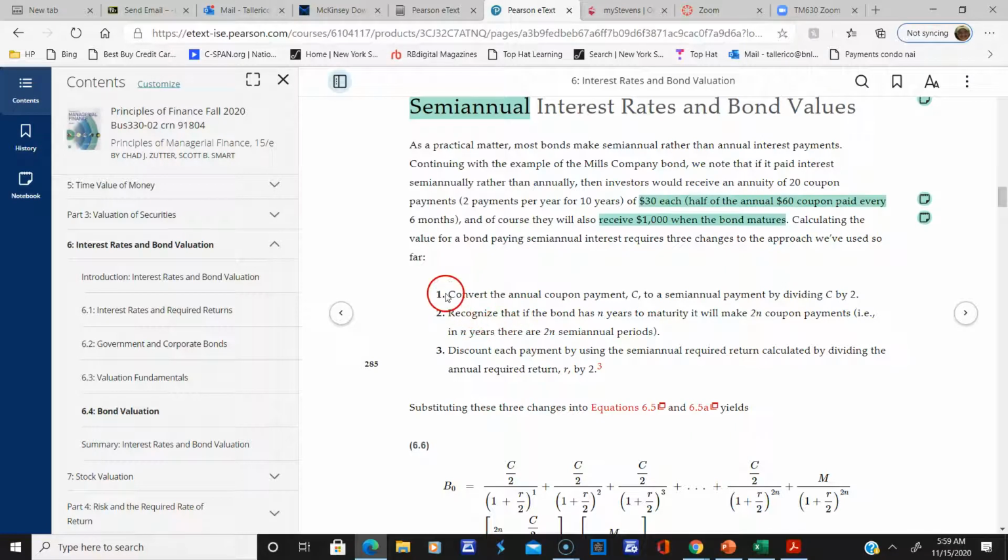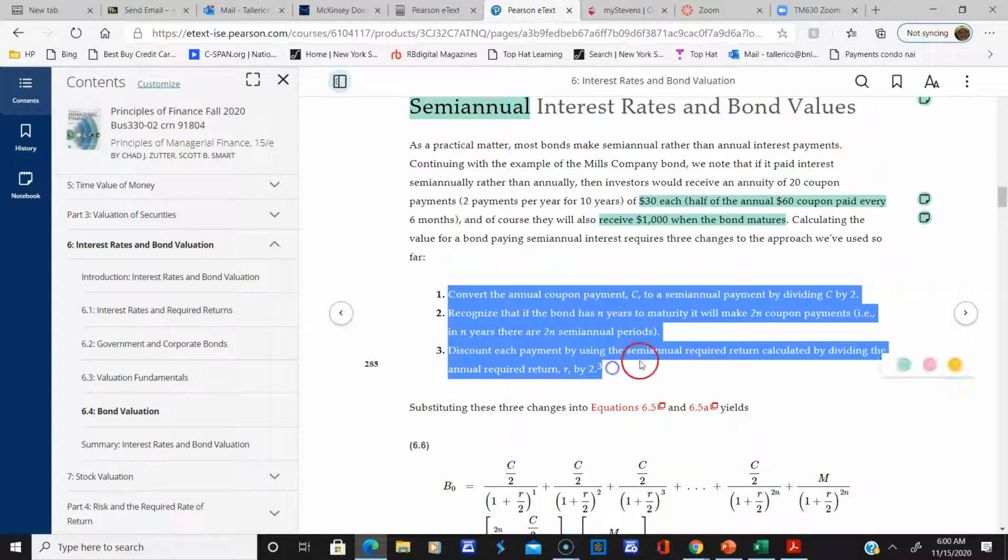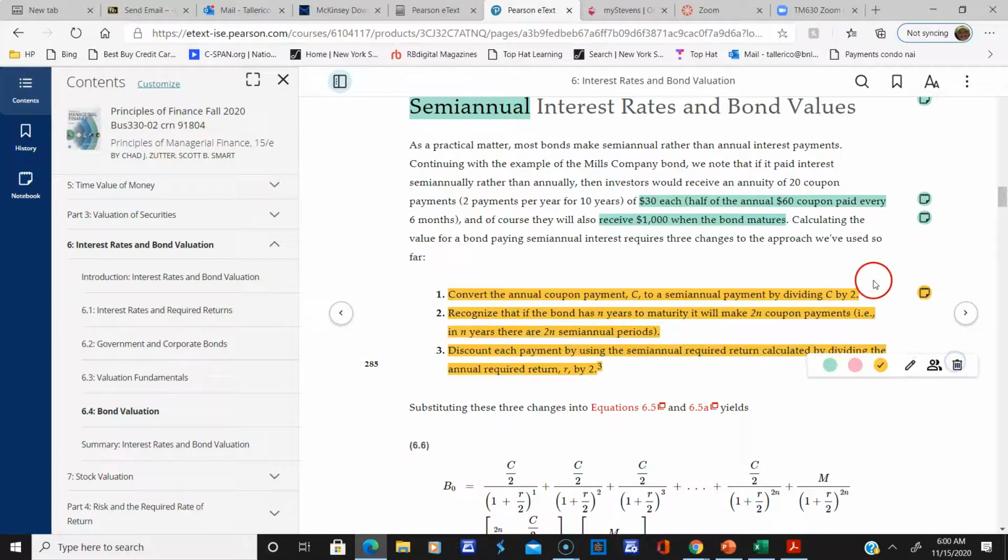That's 2N semi-annual periods, right? So 10 years is 20 six-month periods. And then we discount each payment by using the semi-annual required return, so we take the required return and divide it by 2. So these are the 3 rules we all have to know. So we'll highlight that.